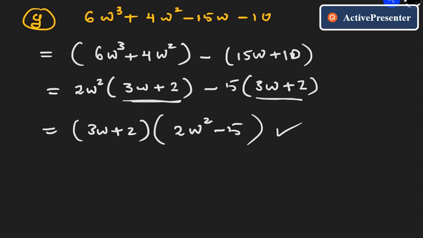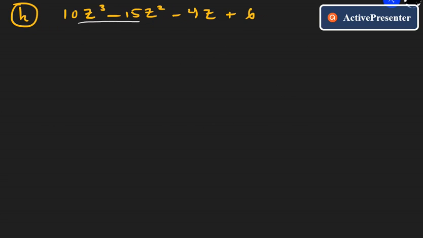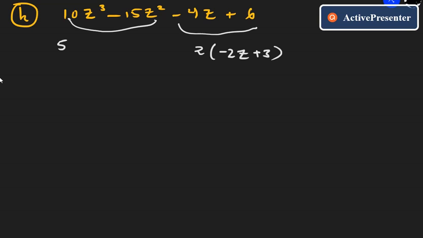If we have 10z cubed minus 15z squared minus 4z plus 6, how to factor this? If we take for example these two together and we take, let's say, 2 outside, we would be left with minus 2z plus 3, right? Here if we take for example the greatest common factor as 5z squared, we would be left with 2z plus or minus 3.